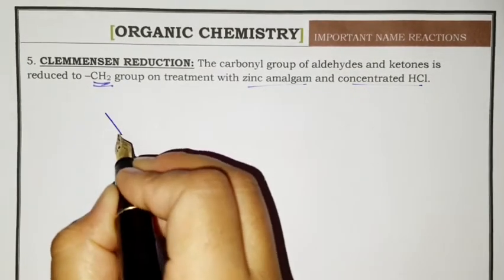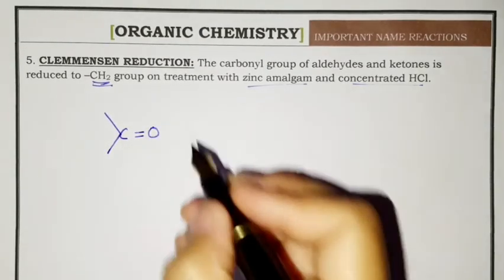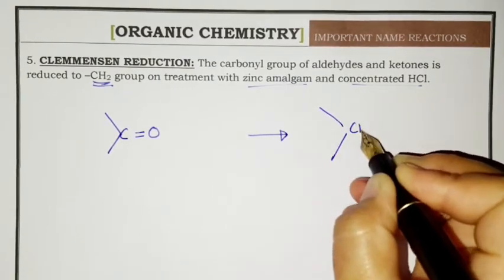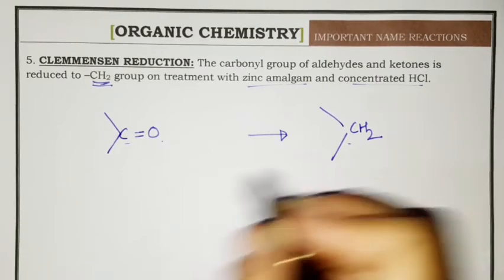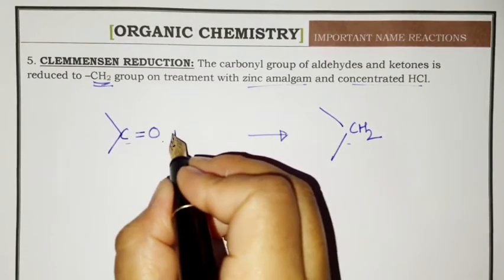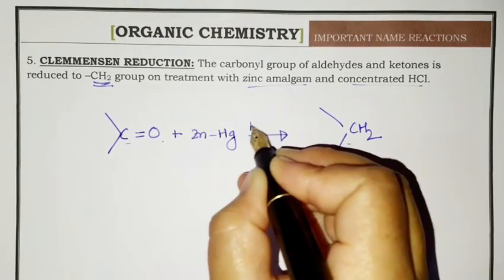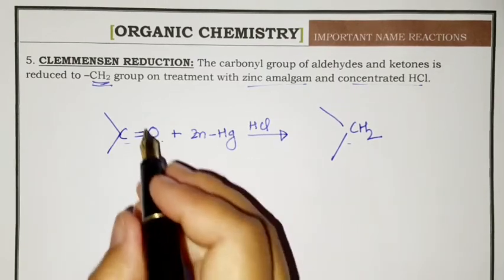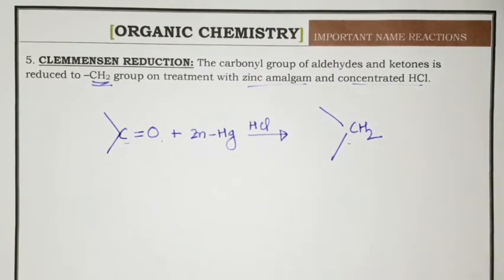So the carbonyl carbon of your aldehyde or ketone will change to which group? CH2. CO will change to CH2 on reaction with zinc amalgam and concentrated hydrochloric acid.